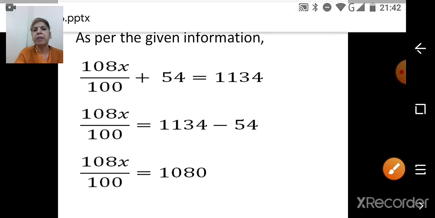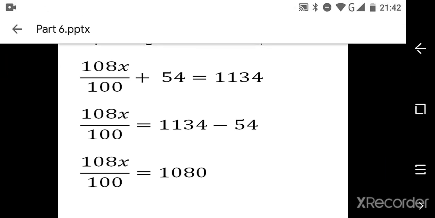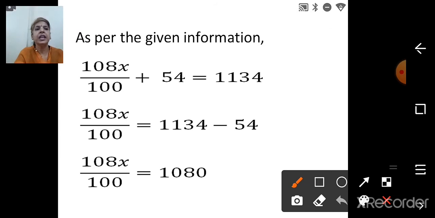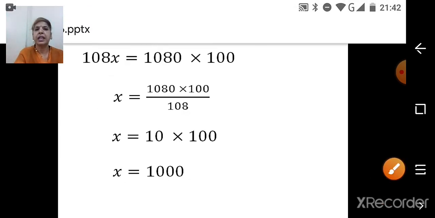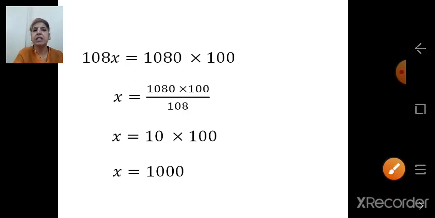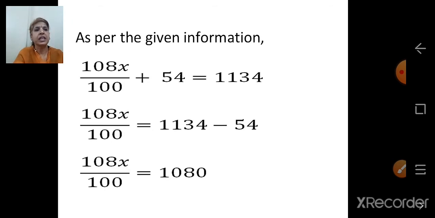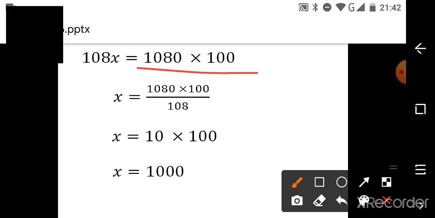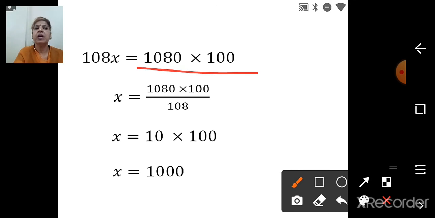Now you know that by cross multiplication, 100 will go to the other side of the equality and it will get multiplied. So 108X is equal to 1080 into 100. Now X is equal to 1080 into 100 divided by 108.